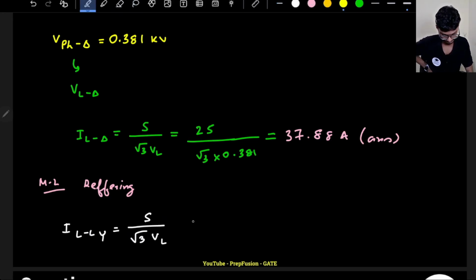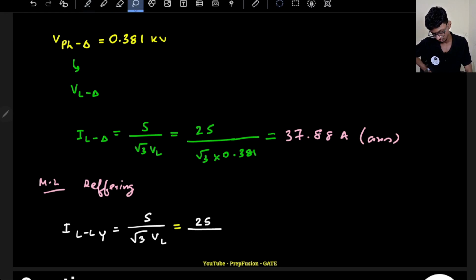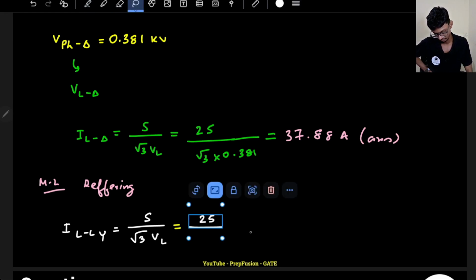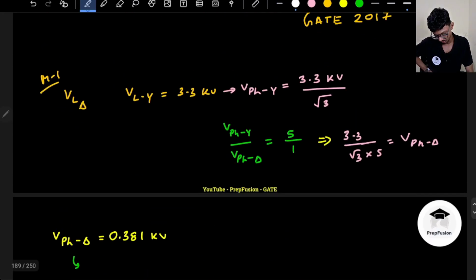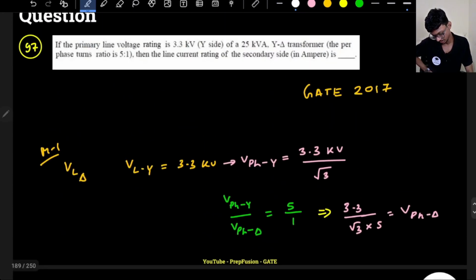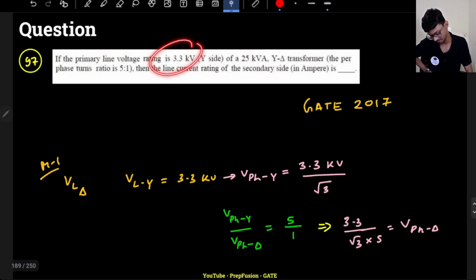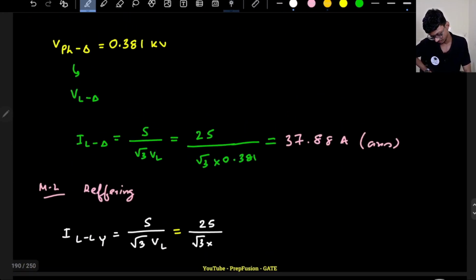So this will be 25 kVA divided by root 3 into VL. VL in the primary side, the line voltage, is 3.3 kV, so it will be 3.3.